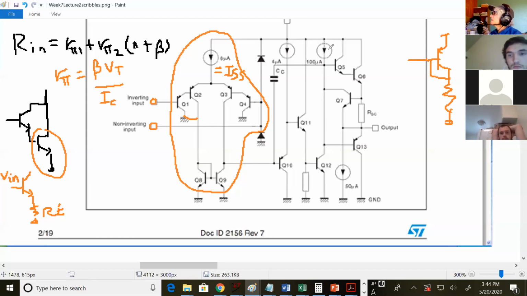How would you do that? How would you get less current here and more current here? Would you just use different size resistors? Yes, and what's that called?